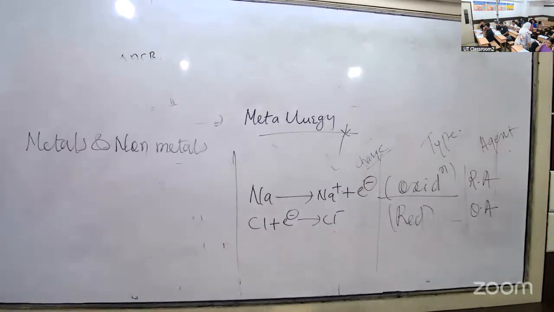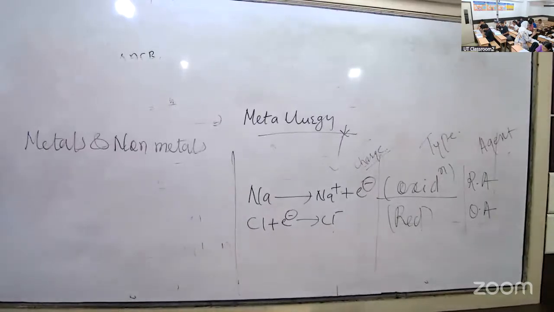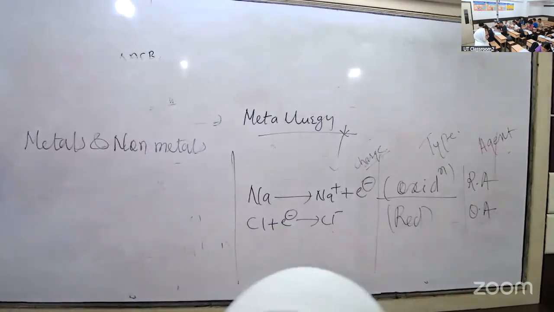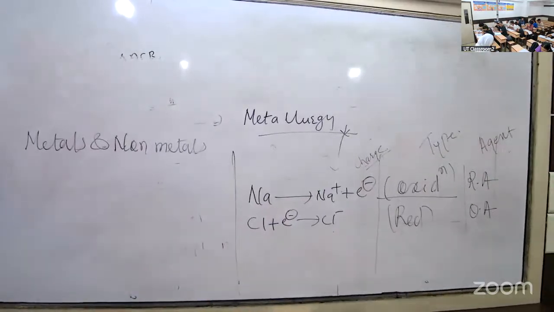Reactivity series. Activity series, put oblique and write down, reactivity series meaning is one and the same. Write down all elements vertically. In our book they are given horizontally.